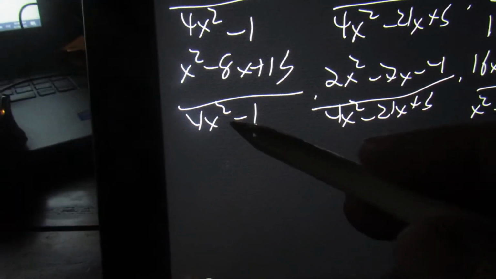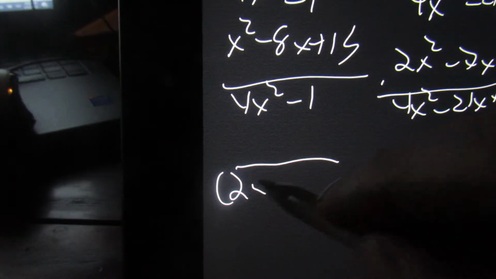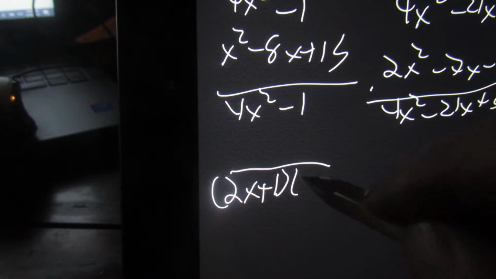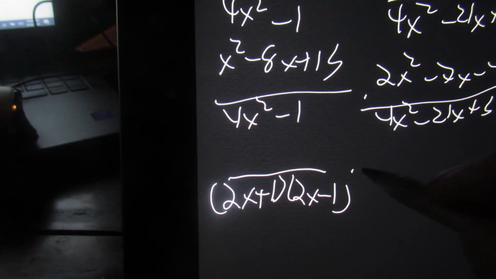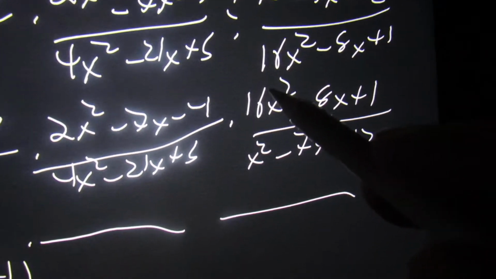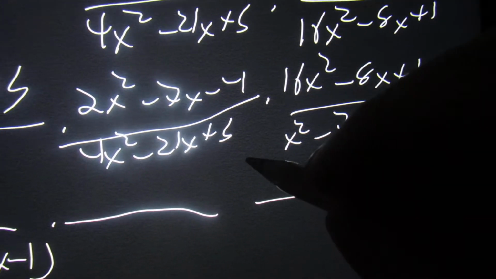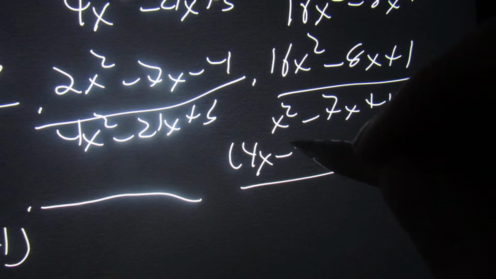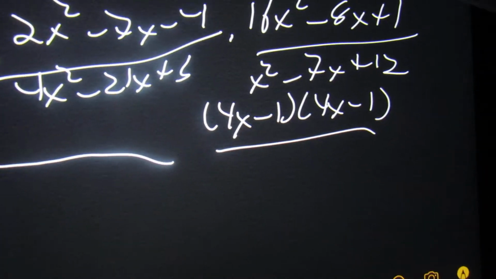So the first one I'm going to factor is this difference of two squares. So I'm going to have 2x plus 1, 2x minus 1. And then notice here we have a perfect square trinomial. So I'm going to have 4x minus 1, 4x minus 1.